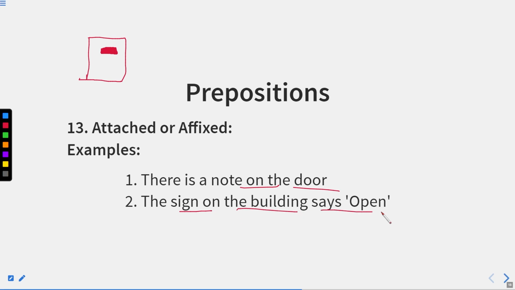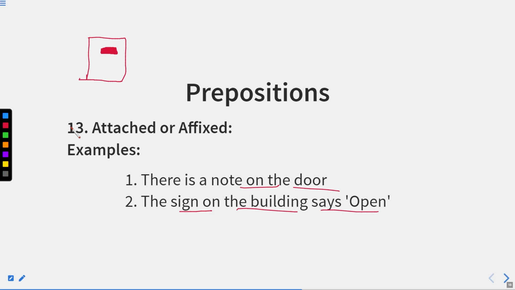The sign on the building says open. Again, you must have seen this many times. For example, if you visit a place like a restaurant, a signboard is kept or affixed over there, which shows us whether the restaurant or that particular place is open or closed. It has two sides.